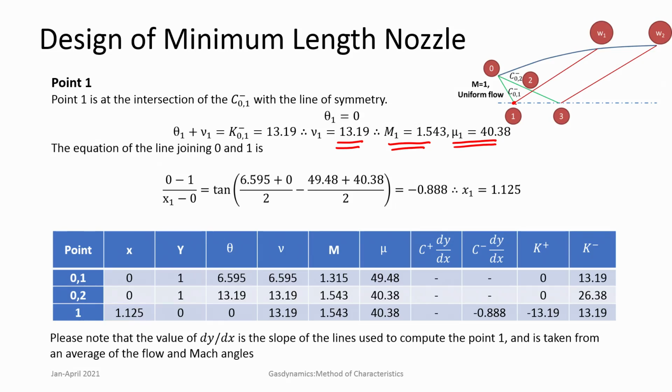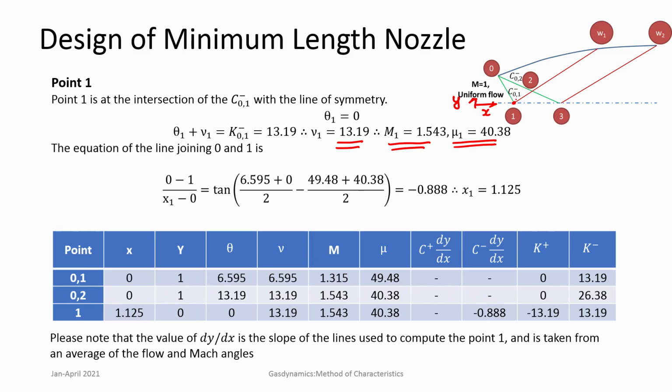Now how to get the value of x and y here? This is along the x coordinate, this is the y coordinate. Now this is a point on the line of symmetry which is the x axis, so y is 0, but we need to find the value of x.